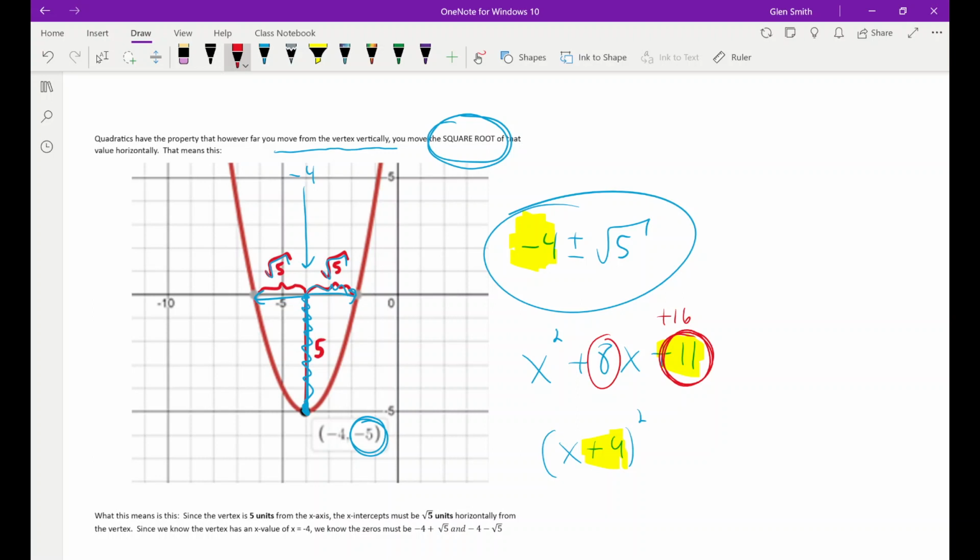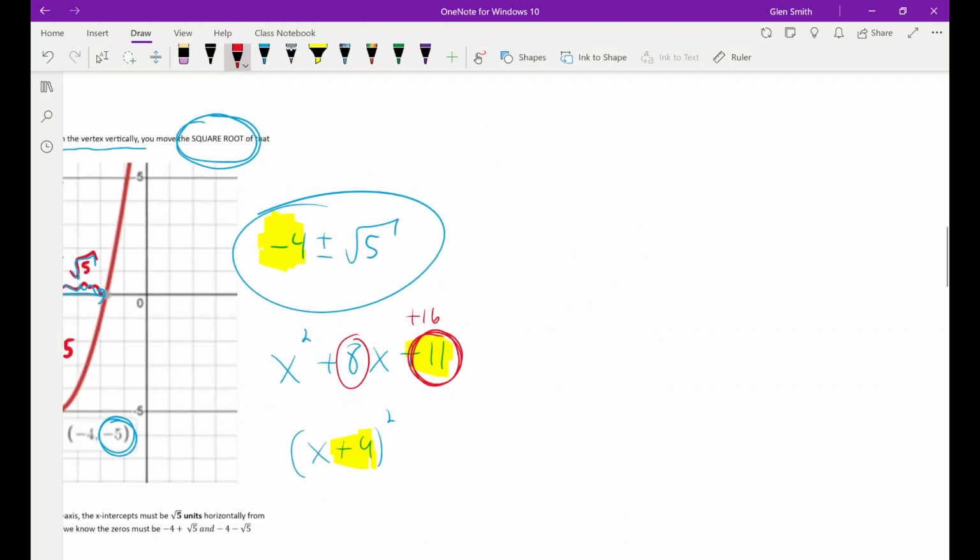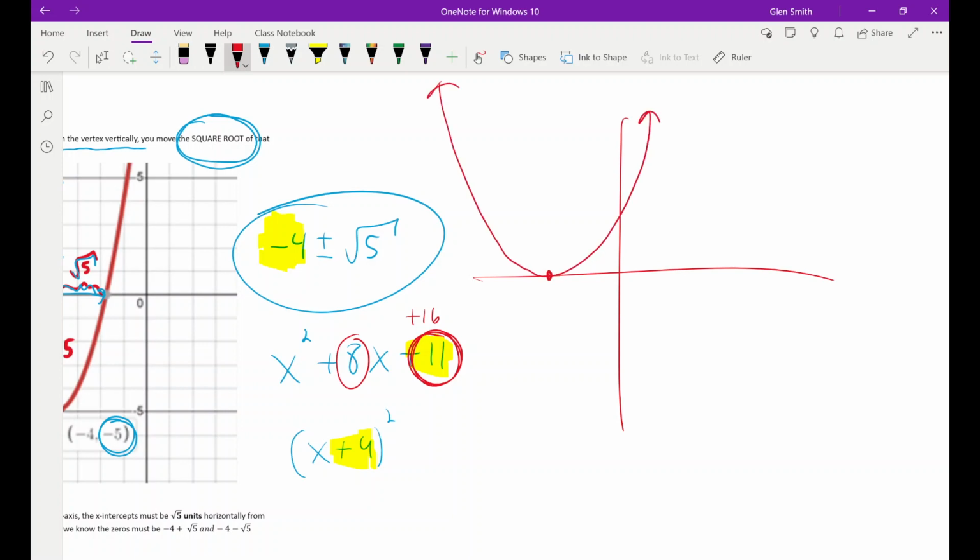It's too small. If it was x squared plus 8x plus 16, it would sit right here. That's what this is. X squared plus 8x plus 16. But we had x squared plus 8x plus 11. That's a difference of 5. It's 5 too small, which means it must be 5 below it.